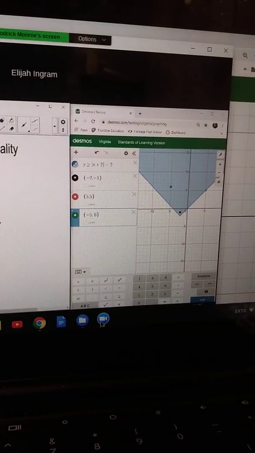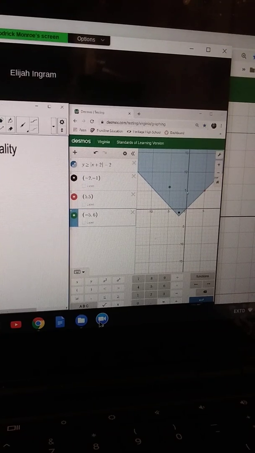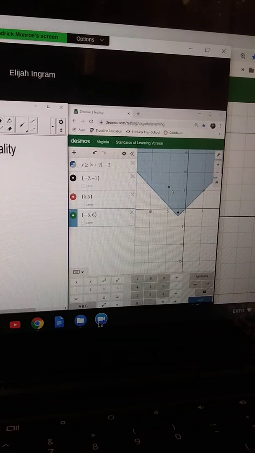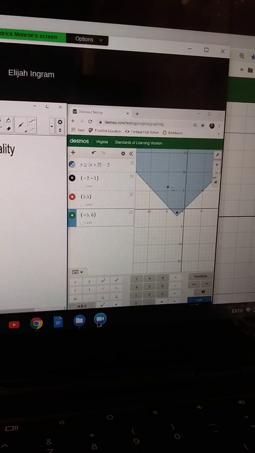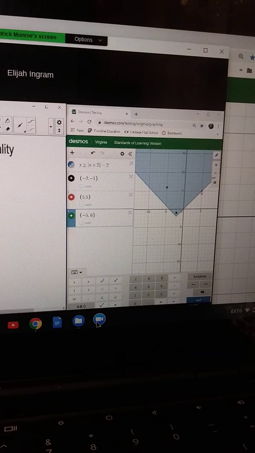So if it answers a question like this, do they have to necessarily fall on the line? Okay, no. Fall in the box? They can fall in the box or on the line. If they fall inside the box like these two, they are solutions. However, this red dot falls on the line. It is also a solution.